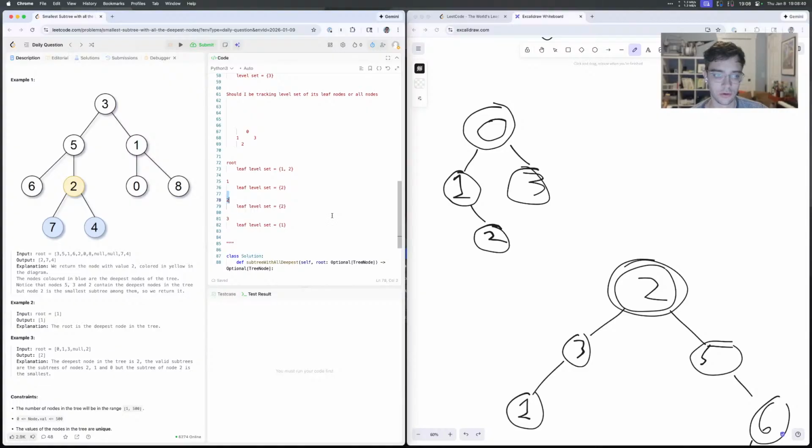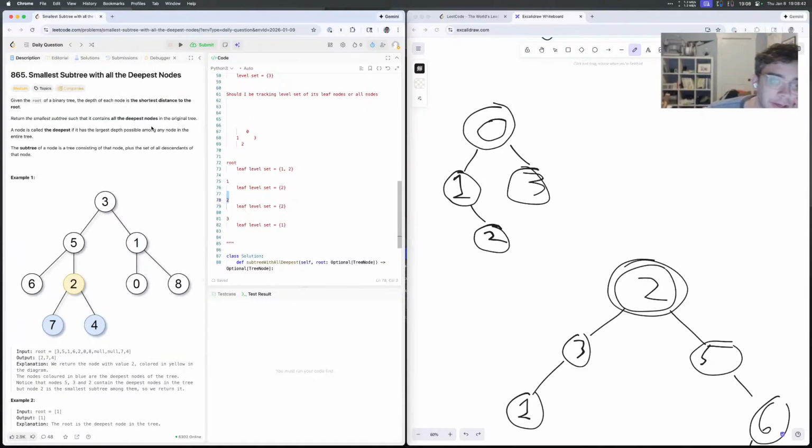I need to reread the problem again, just to see if there's a word that stands out. Given the root of the binary tree, the depth of each node is the shortest distance to the root. Return the smallest subtree such that it contains all the deepest nodes in the original tree.